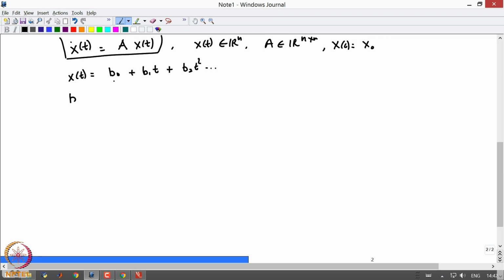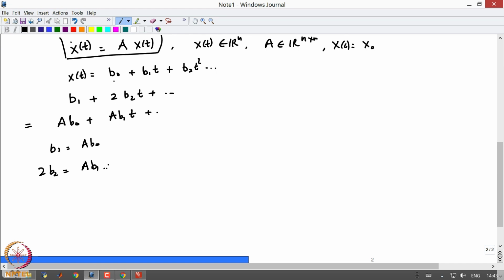So, the first term will be b 1 plus twice b 2 t and so on. On the right hand side I will have a times b naught plus a b 1 times t and so on. Again I can just do the same trick to find the coefficients, and so again b 1 is a b 0, similarly twice b 2 is a b 1 and so on.